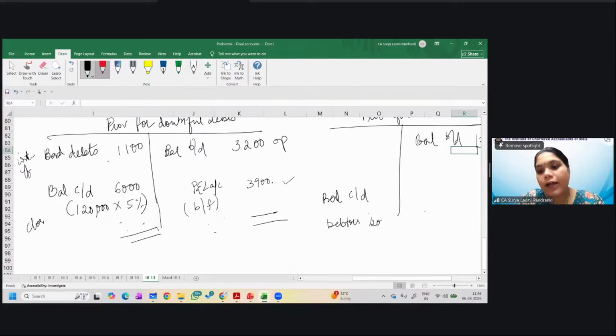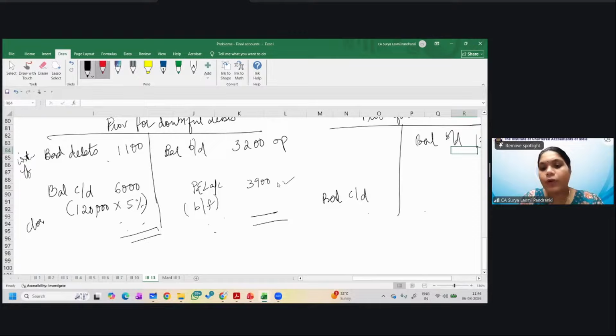Our debtors value was 1,20,000, but we already had a provision for doubtful debts of 6,000 closing balance. After this, what is the value of your debtors? 1,14,000. On this, 2.5% has to be applied.